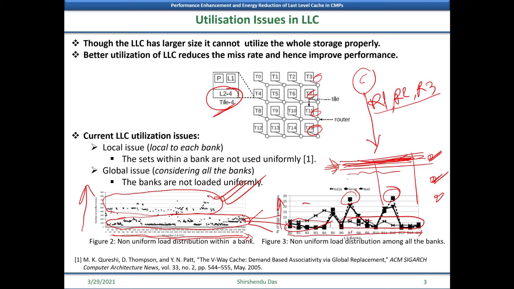There must be some technique by which the banks are used properly. Otherwise the space in some banks is wasted while other banks are facing a shortage of space. So these are the two main utilization issues in the LLC.